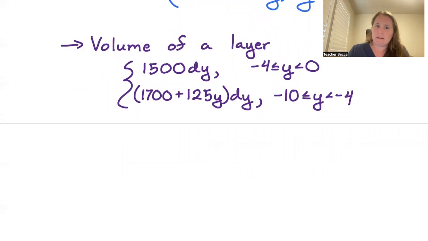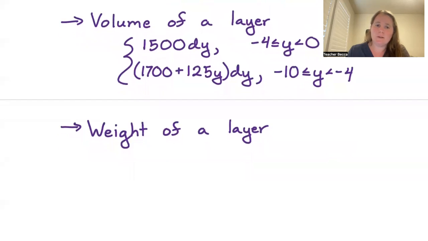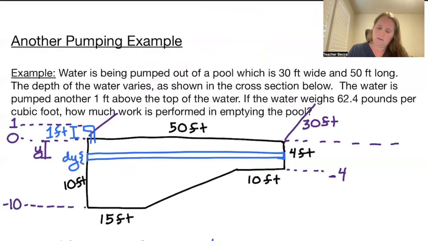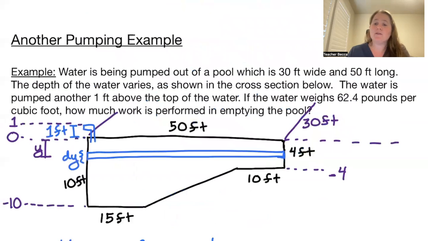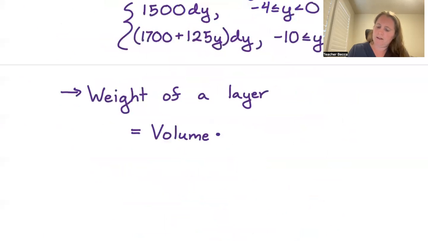From here, we need to calculate the weight. So the weight of a layer, we are working in the imperial system. So the weight is just volume times our weight per cubic foot. So we were 62.4 pounds per cubic foot. So we do our volume times 62.4 pounds per cubic foot.